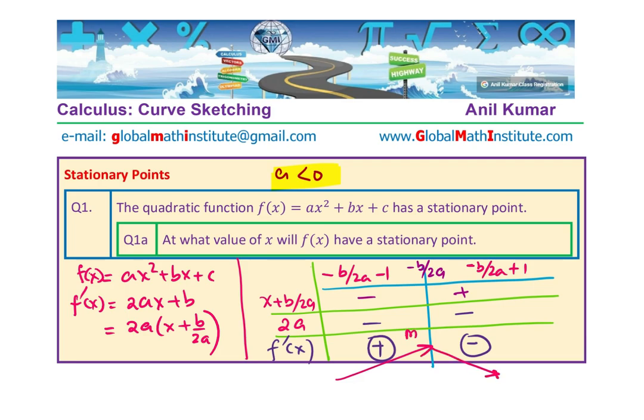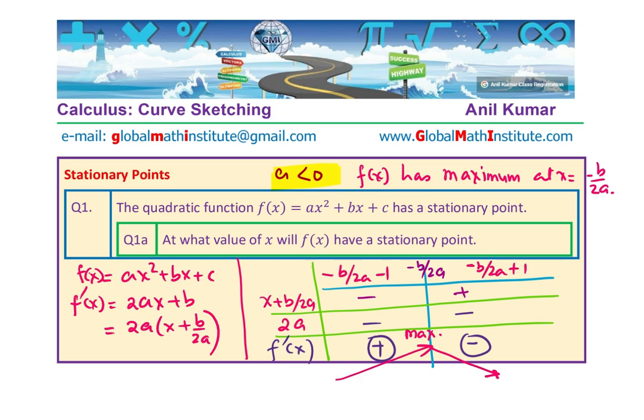So what do we have? This time we have a maximum, right? So if a is less than 0, then f of x has a maximum at x equals minus b by 2a. You get the idea? So that is how we are going to conclude in this particular case.